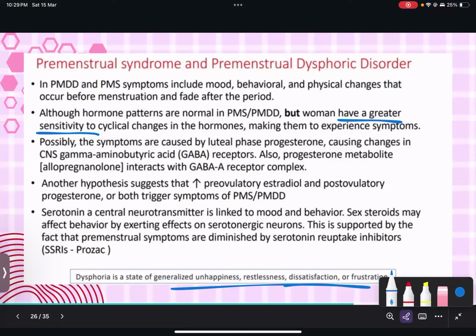This constant high level of progesterone throughout all the pregnancy, and then the drop of the progesterone as soon as the pregnant woman gives birth, will cause postpartum depression. So this is another reason why we think the progesterone is linked to the PMS and the PMDD. Again, this is all hypotheses, but you need to know them because these are what they're going to test you about. Okay.